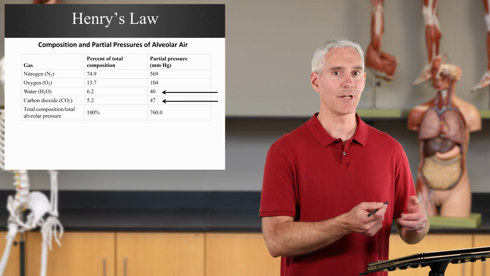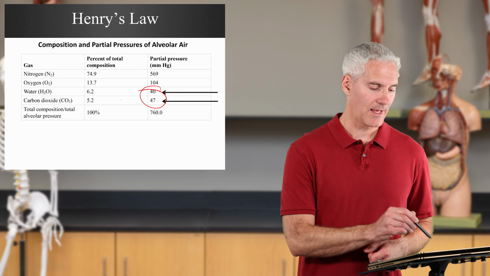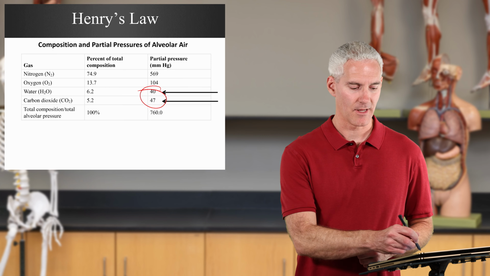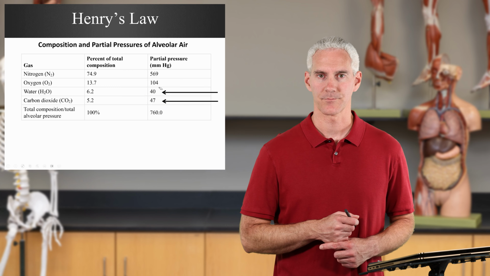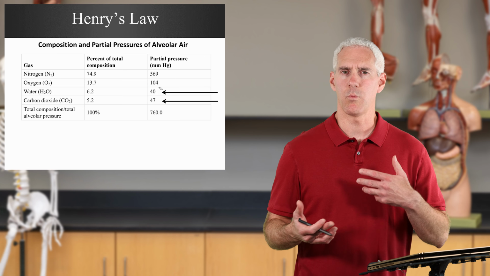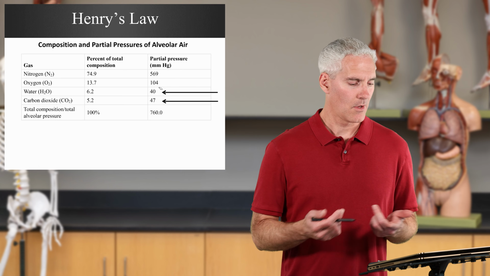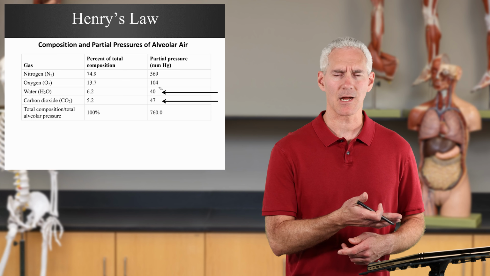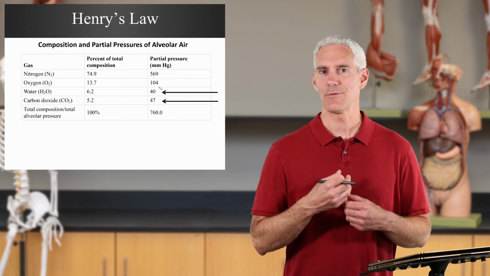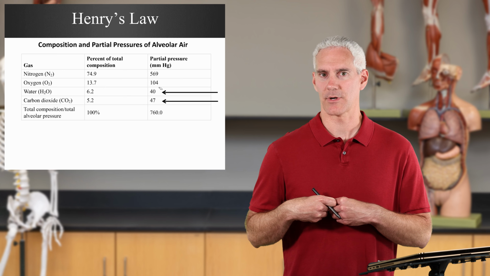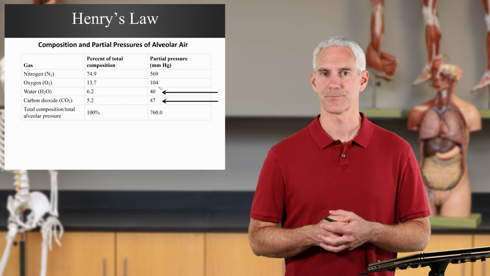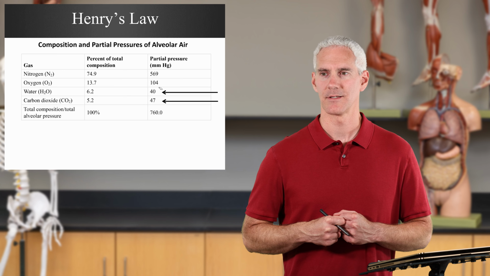Both are much higher, which gives a much higher partial pressure than what atmospheric is. So that means, why are those happening? Let's start with the carbon dioxide. That carbon dioxide is much higher for the alveolar partial pressure compared to atmospheric. So there's more carbon dioxide there. Why?